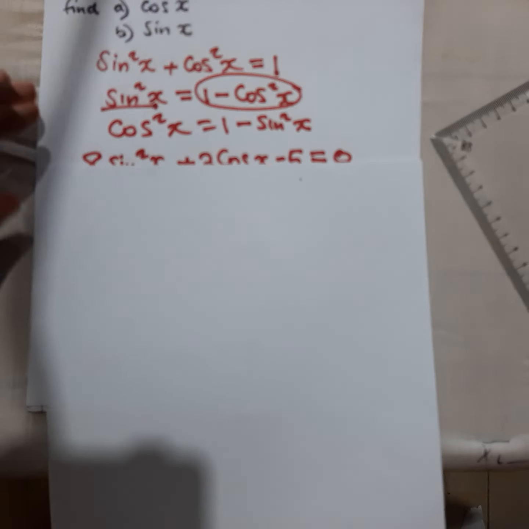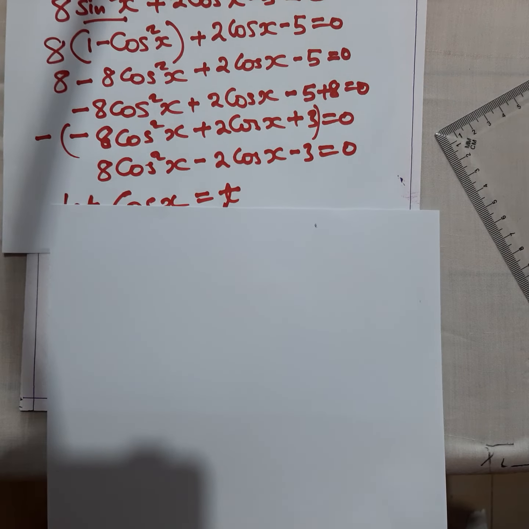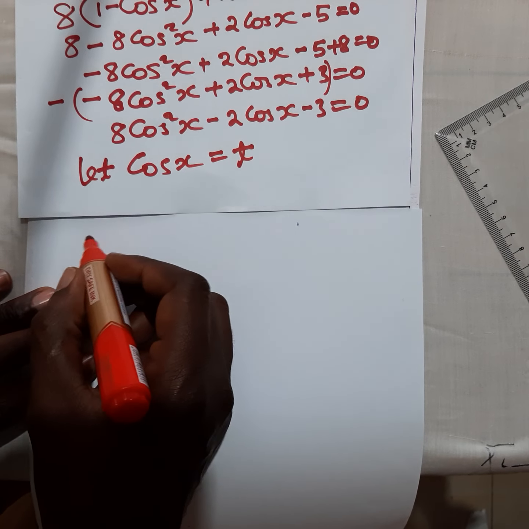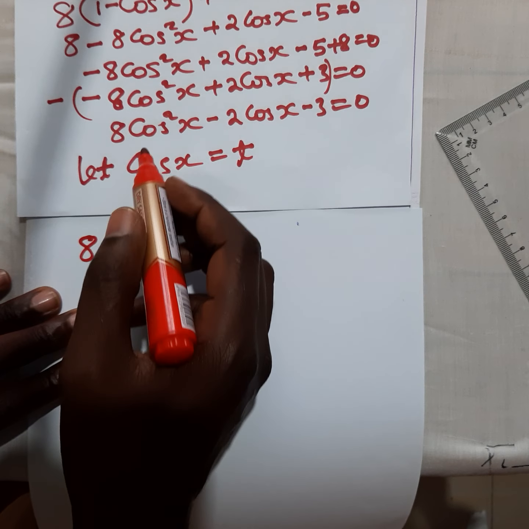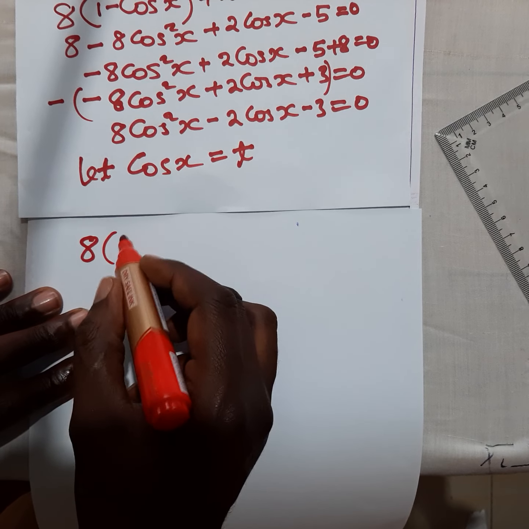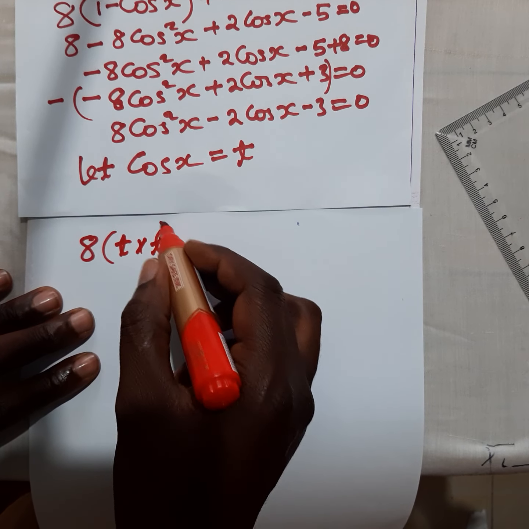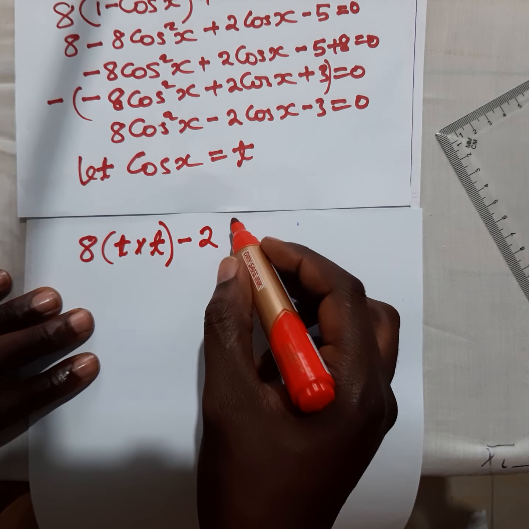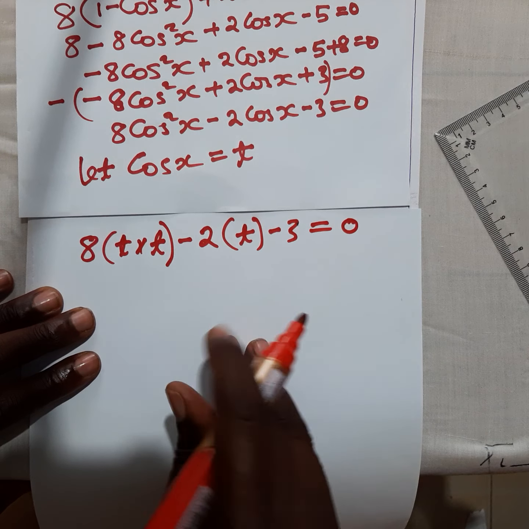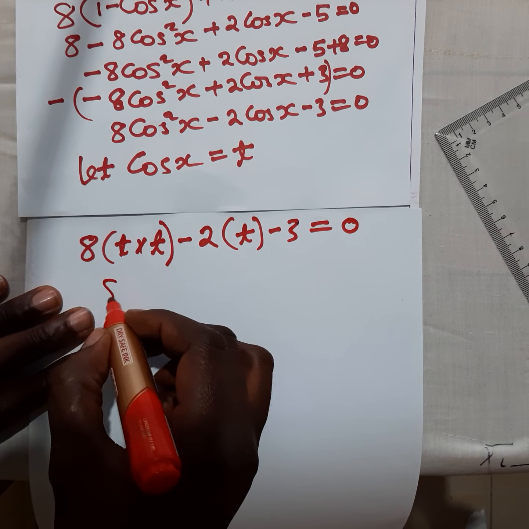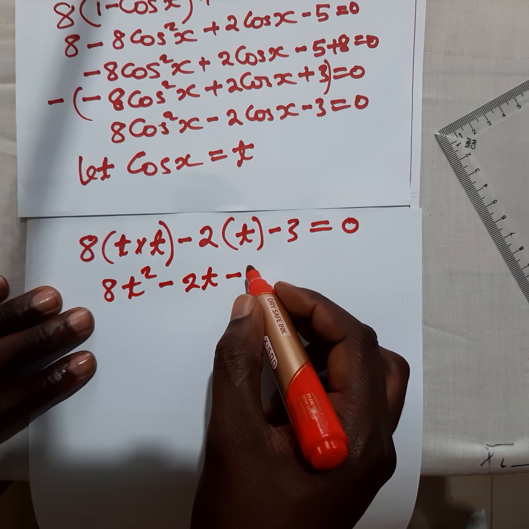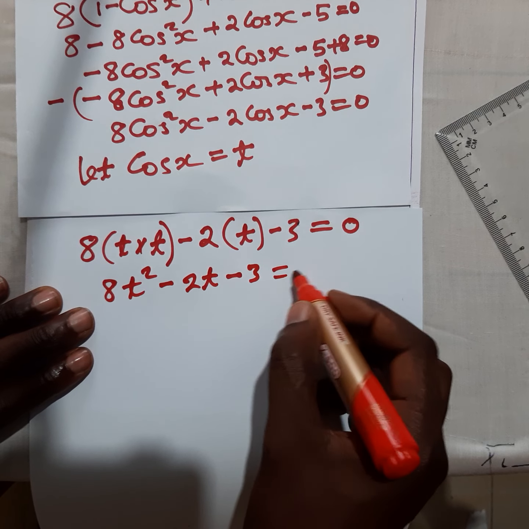So we have 8t squared minus 2t minus 3 equals 0.